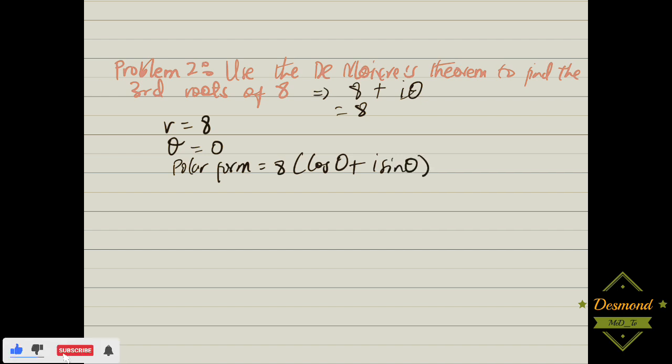Then we apply de Moivre's theorem here to solve the question. So we have z equal to r (cos theta plus i sin theta).